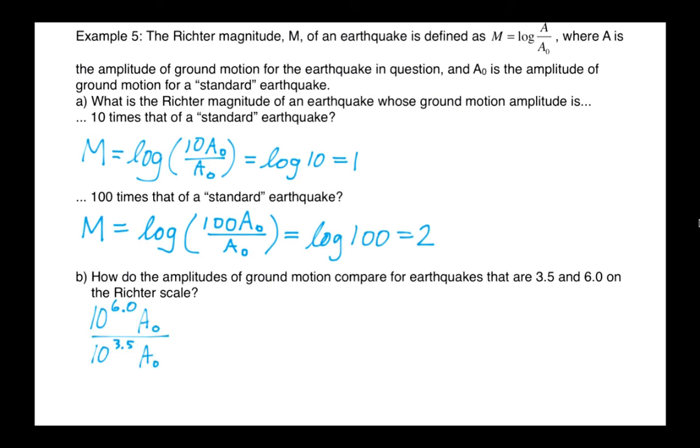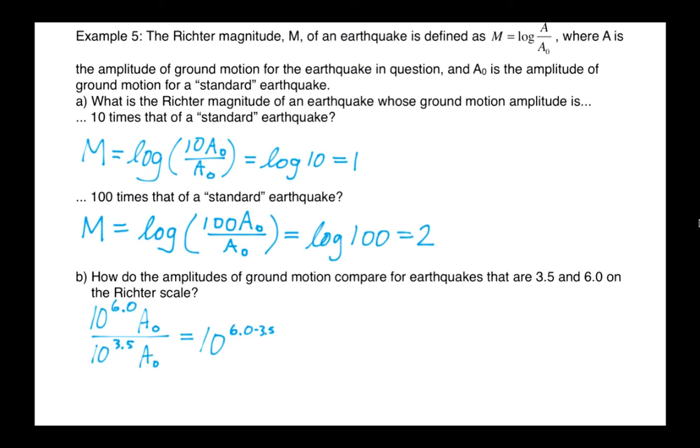We would say, okay, we've got one that's got ground motion that's 10 to the 6 times the standard earthquake, and we've got another one that's 10 to the 3.5 times the standard amount of ground motion. What you'll notice is that the A naughts divide out, and we're left with 10 to the 6 over 10 to the 3.5, and we can use our laws of exponents to simplify this.